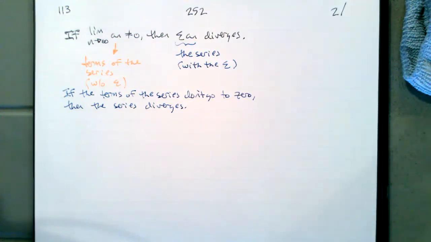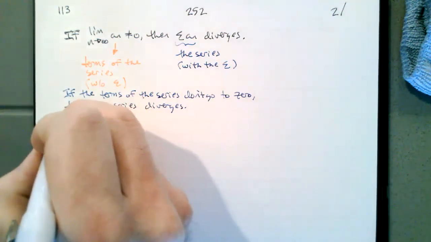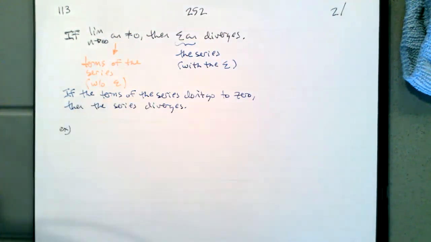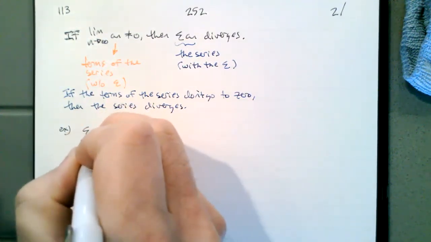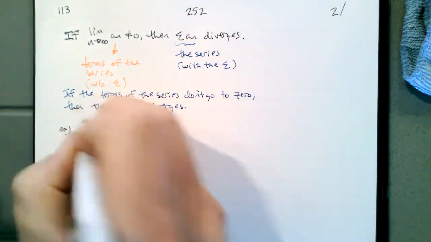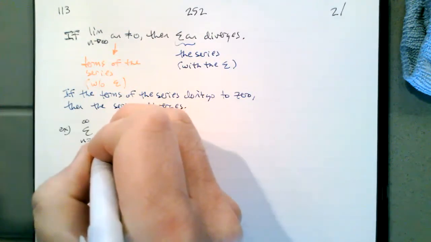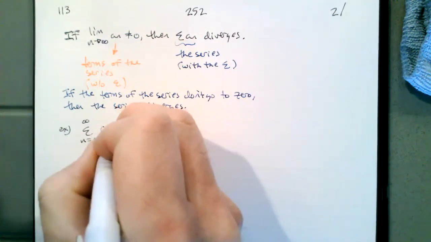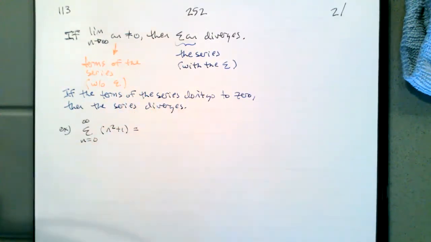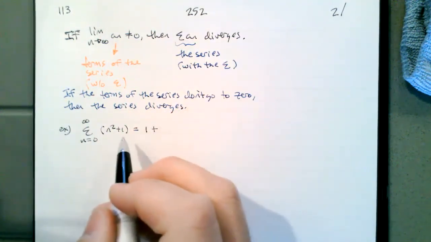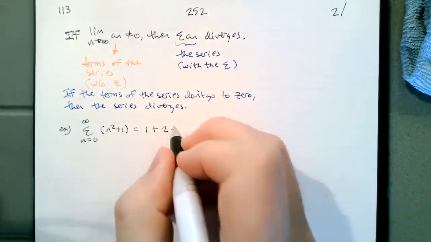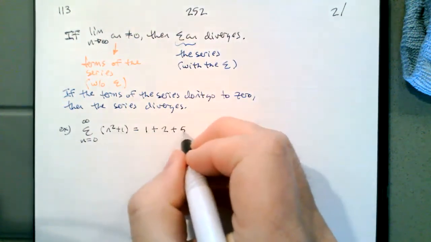So for example, if I have a series as n goes from 0 to infinity of n squared plus 1, so this will be the series: 1 squared plus 1 is 2. 2 squared is 4 plus 1 is 5.